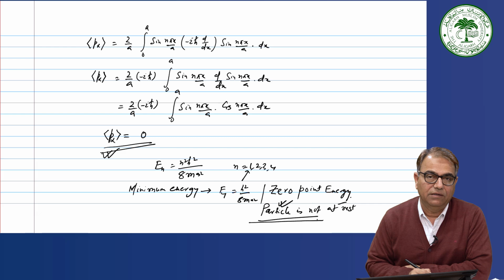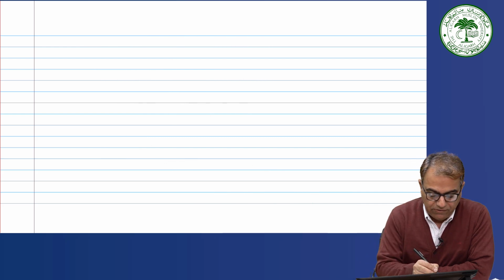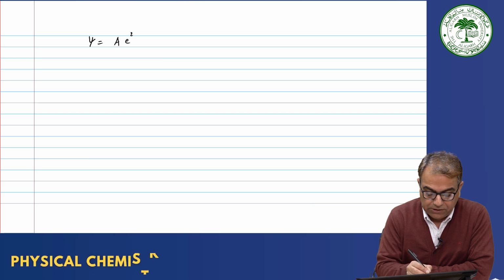The answer to the question I asked earlier you can express this way. If you look at the previous lecture, you will find that one of the solutions was a exponential ikx, and another was b exponential minus ikx.